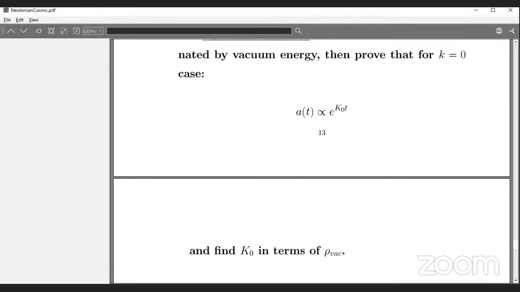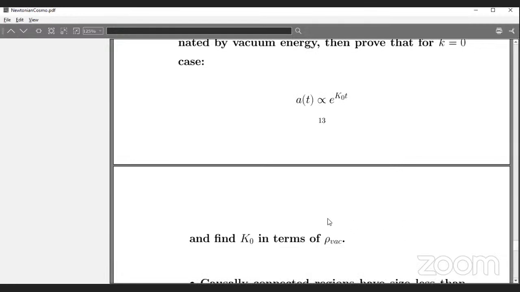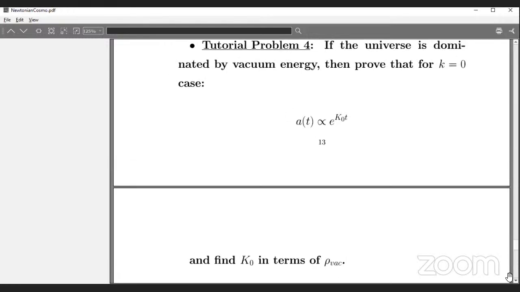Right. In the remaining time, by the way, the other part of the tutorial problem asks you to get the constant K0 in terms of rho vac. I have very little time. What I will do is just qualitatively describe the evolution of the universe.